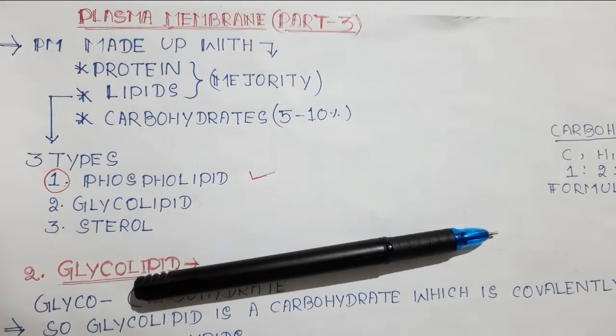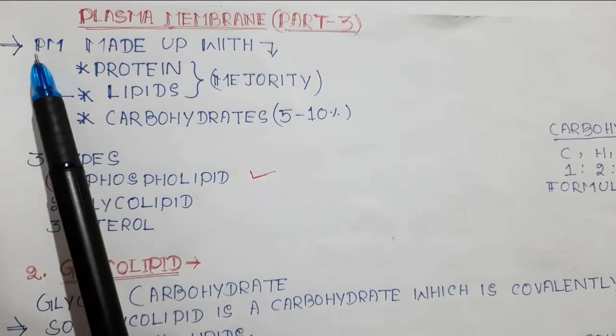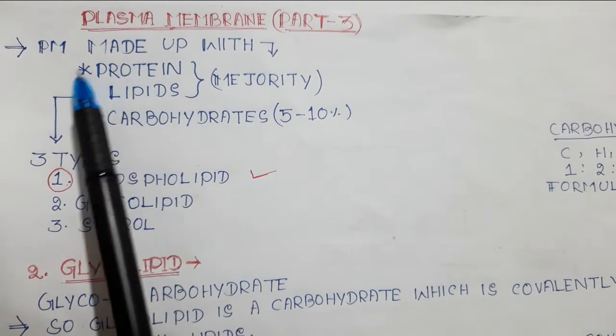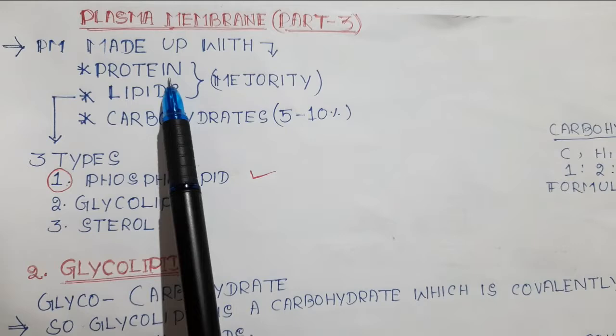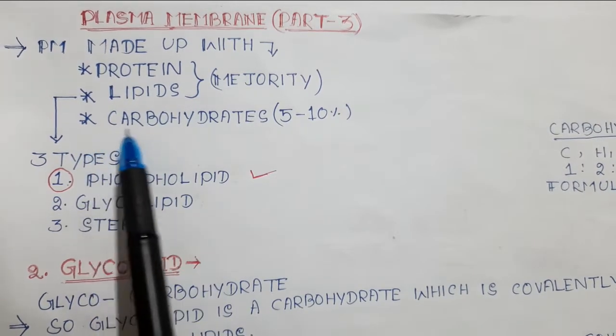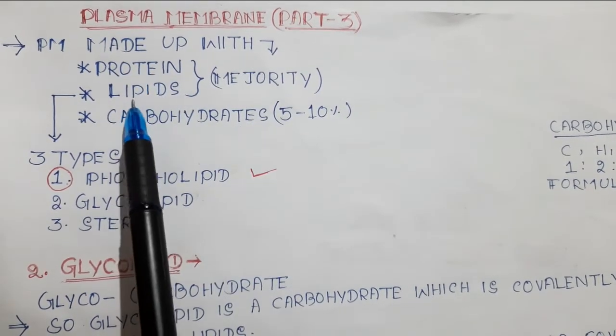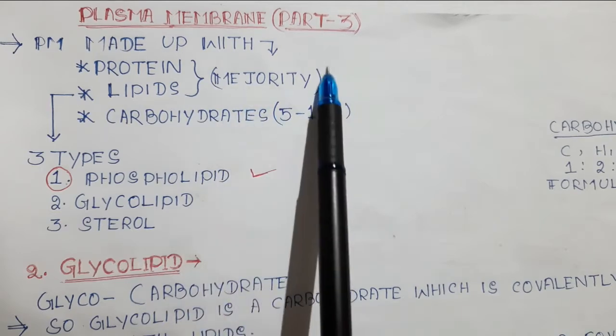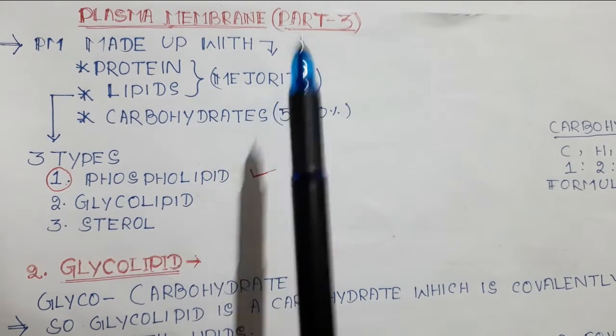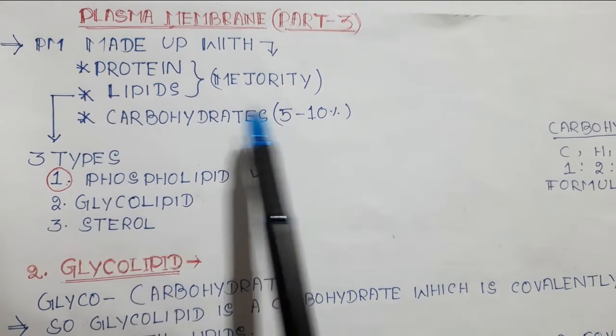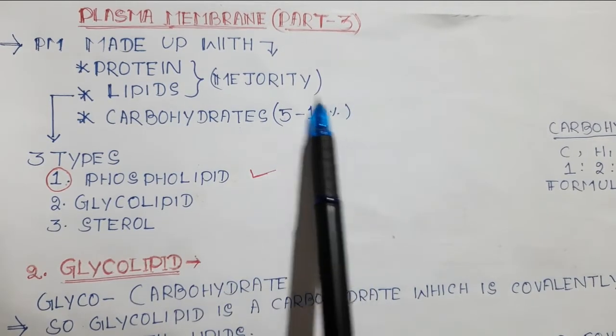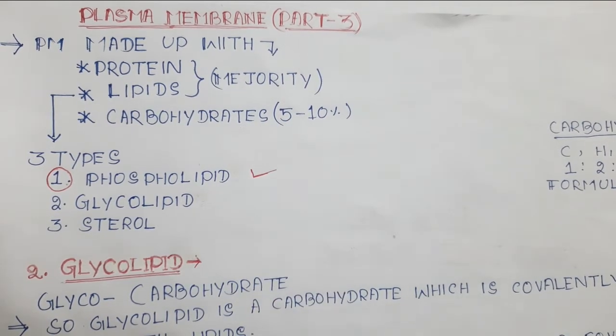Very first, plasma membrane. The plasma membrane is made of three types of component: one is protein, another is lipid, and then carbohydrates. Protein and lipid make up the majority of the plasma membrane, but carbohydrate is present only 5 to 10% of the total plasma membrane.